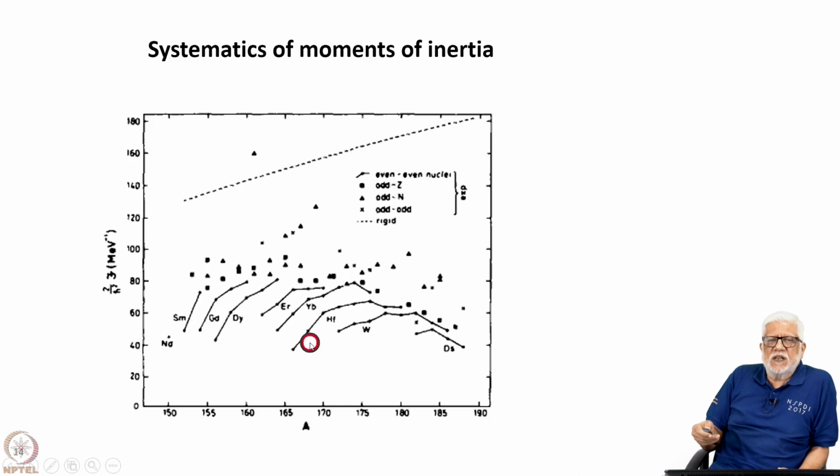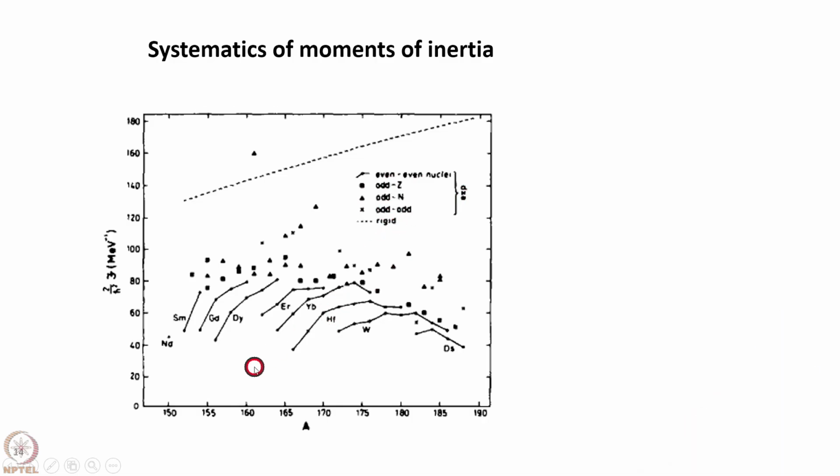It is between 0.3 and 0.4 of the rigid body value. Also, there is a small staggering in the moments of inertia between the odd Z, odd N and even nuclei.